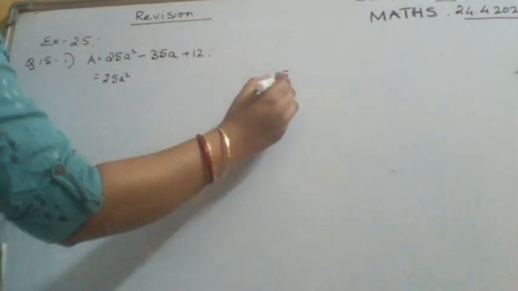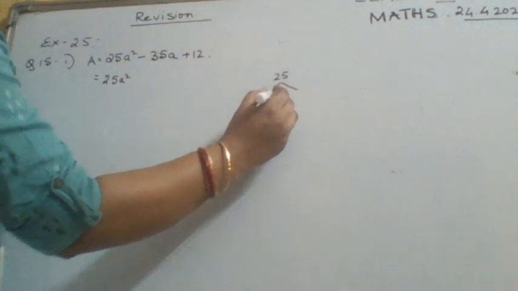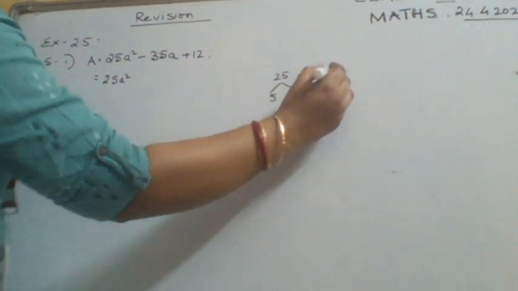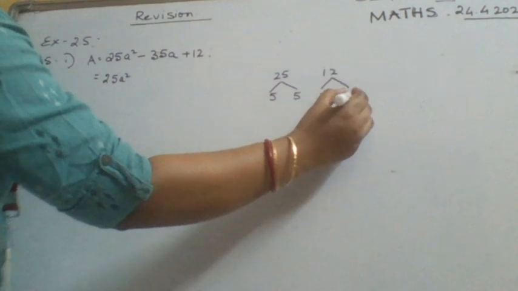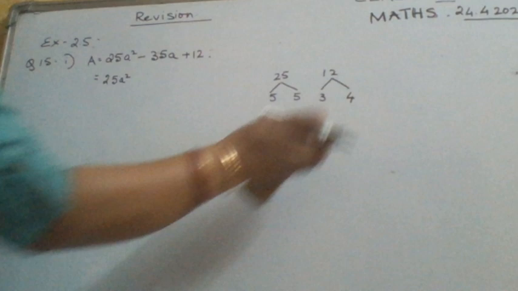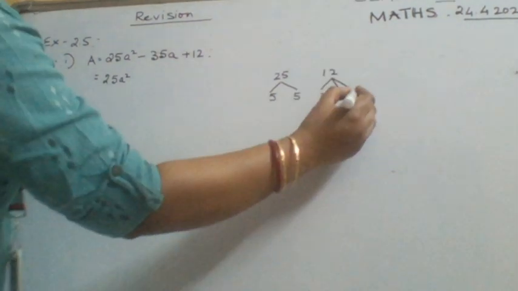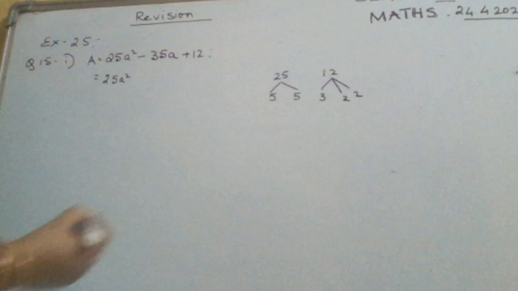So we factorize 25. 25 is 5 into 5, and 12 is 3 and 4. 4 can be factorized as 2 into 2. So this is all about the prime factorization of these two terms.